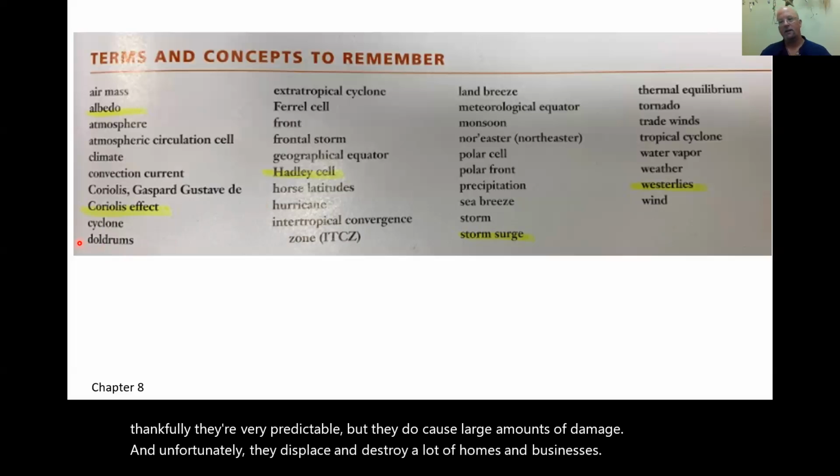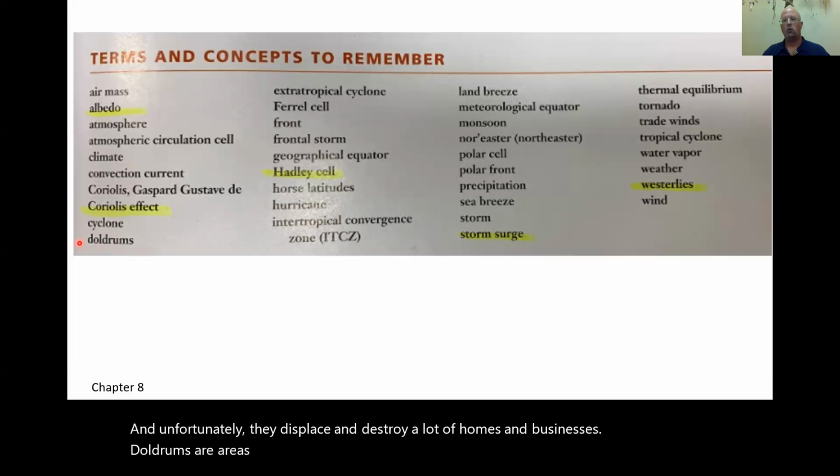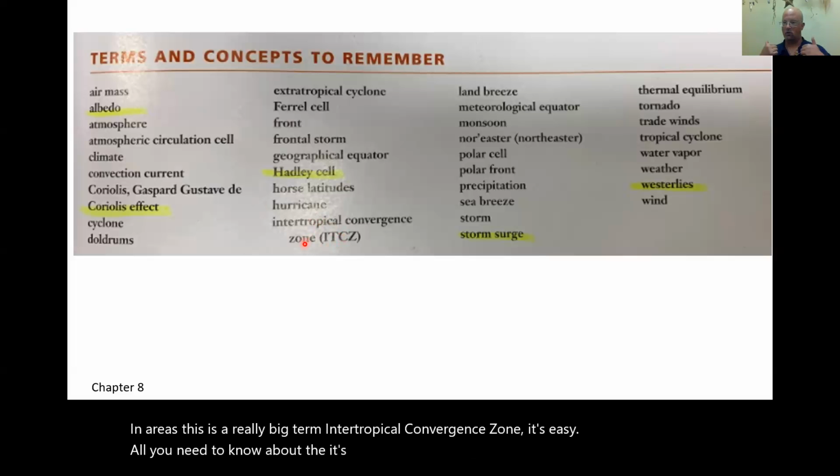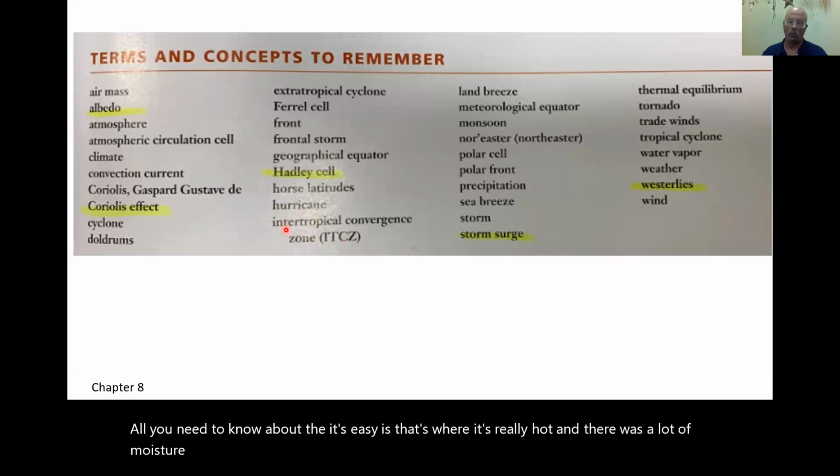Doldrums are areas on the earth where you don't have a lot of wind. This typically happens in areas with a really big term, the Intertropical Convergence Zone, ITCZ. All you need to know about the ITCZ is that it's where it's really hot and there's a lot of moisture, and so you tend to have a lot of clouds, right?